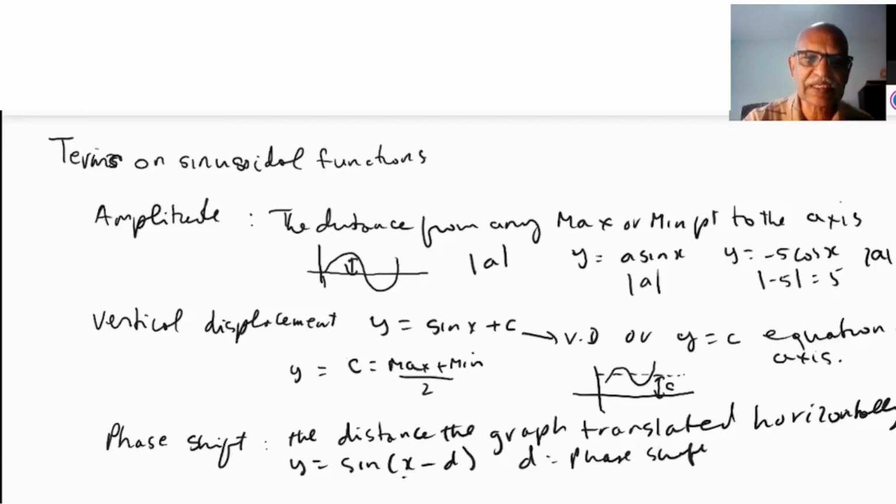For example, y equal to sine of x plus 20 degrees, my phase shift is negative 20 degrees, whatever makes the bracket equal to 0. So the phase shift is always d, because we can write this as x minus negative 20, and that's my d, d is equal to minus 20.